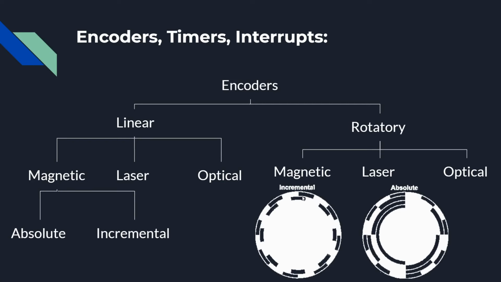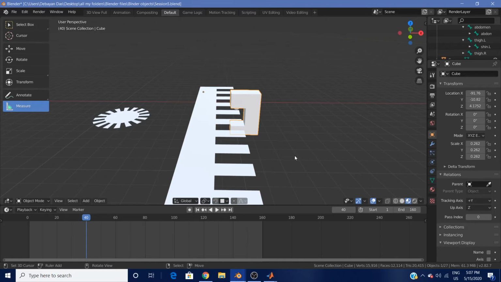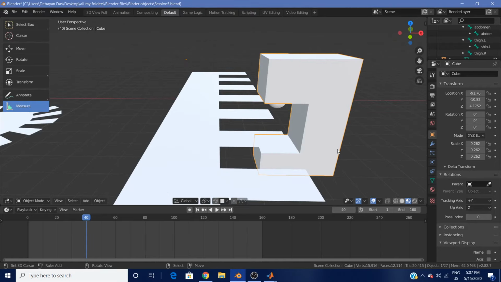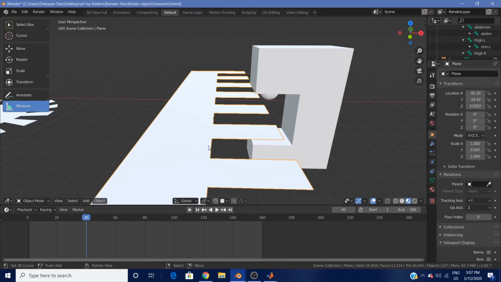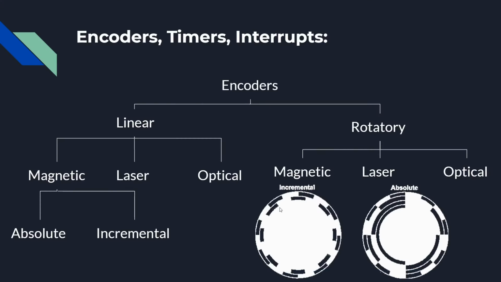So for an incremental encoder, if we had something like this serrated disc, we would actually have two sensors instead of one laser and one sensor. We would have two lasers and two sensors, one for each of the holes. Depending on which sensor is receiving the laser first, we'd know if it's rotating clockwise or anti-clockwise.